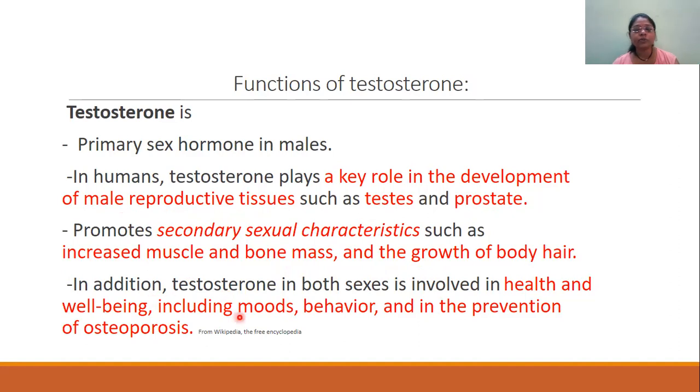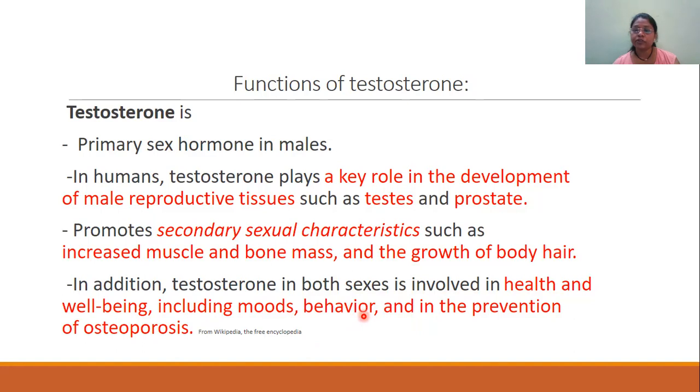Testosterone is also secreted in females, but its quantity is lesser than in males. In both sexes, testosterone is involved in health and well-being, including mood, behavior, and the prevention of osteoporosis. These are brief functions of testosterone. The development of sperms mainly takes place in the seminiferous tubules.